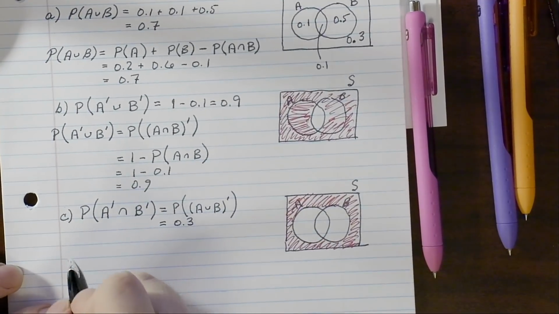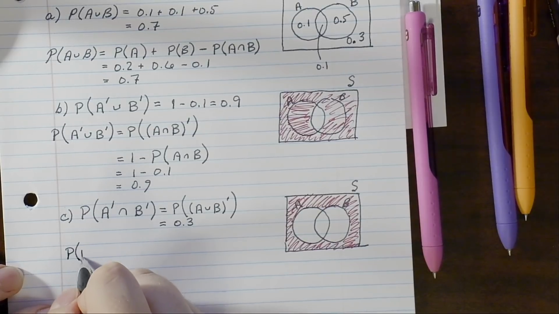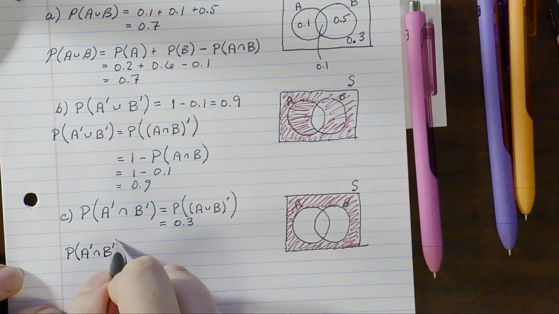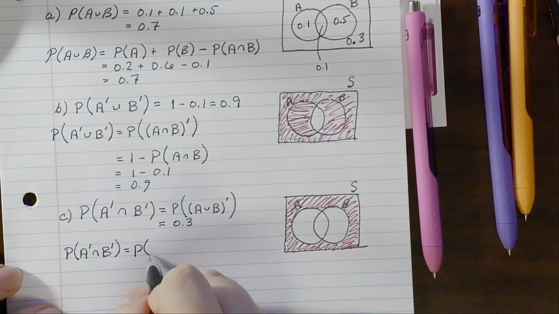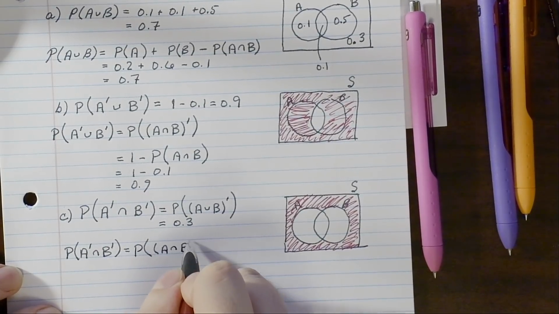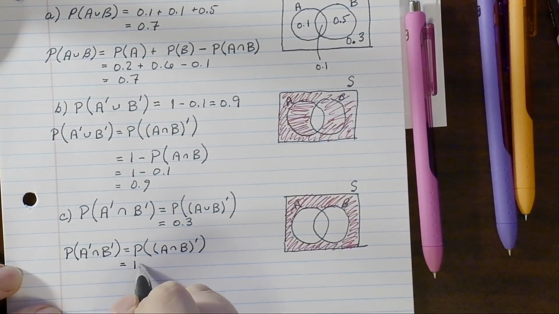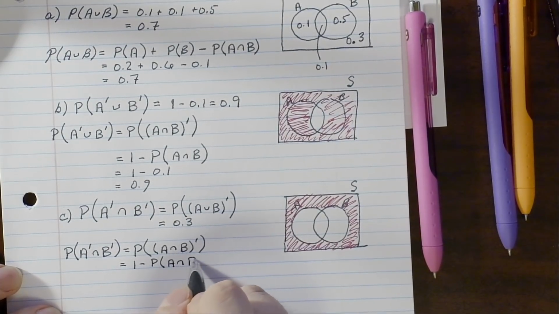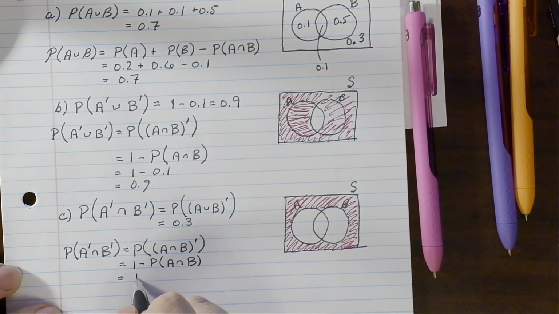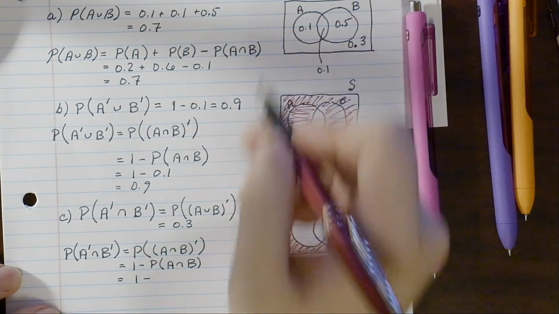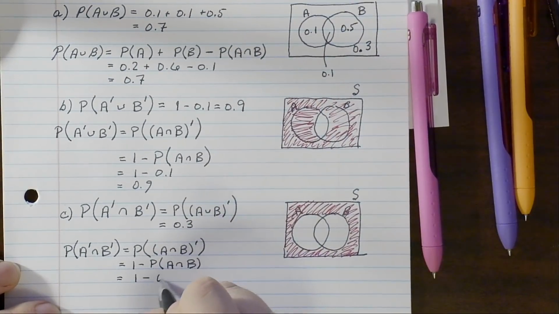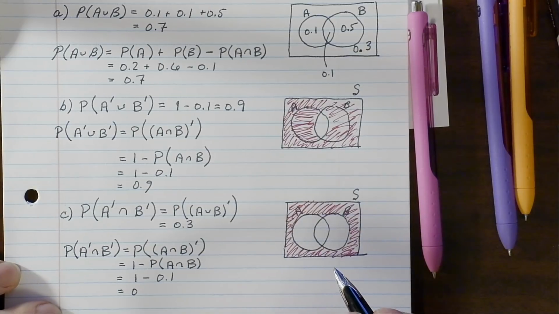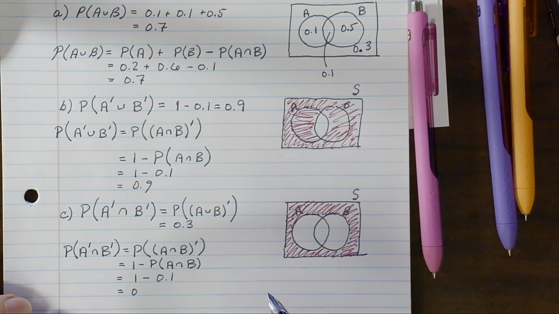So alternatively, using our formulas, same idea, using De Morgan's law, it's equal to 1 minus the probability of the union, not the intersection. Uh-oh, I made a mistake.